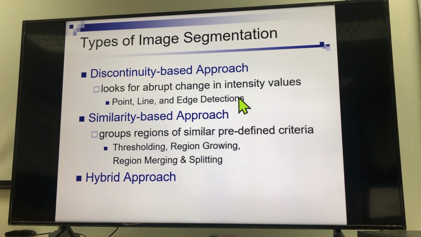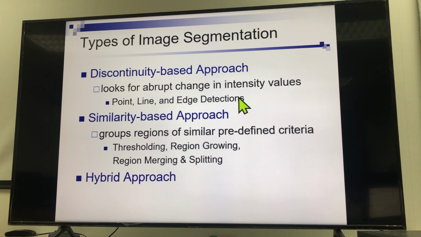The second approach is called similarity-based. Similarity-based means it uses groups of regions. This is more like, if you learn statistical modeling, they can use a decision tree or other things to group the data that has similar features.